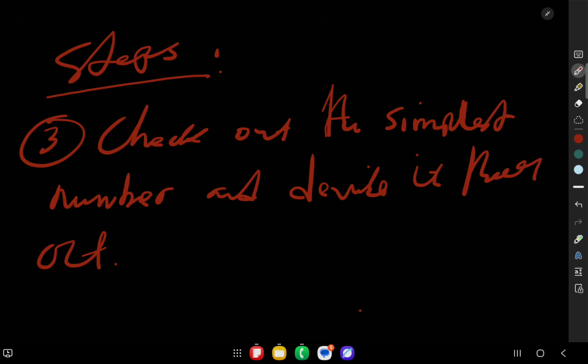So from the numbers that you obtained in step 2, you have to check out which one is the smallest amongst the numbers that you have obtained. Then that one is the one that you're going to divide everything by throughout.